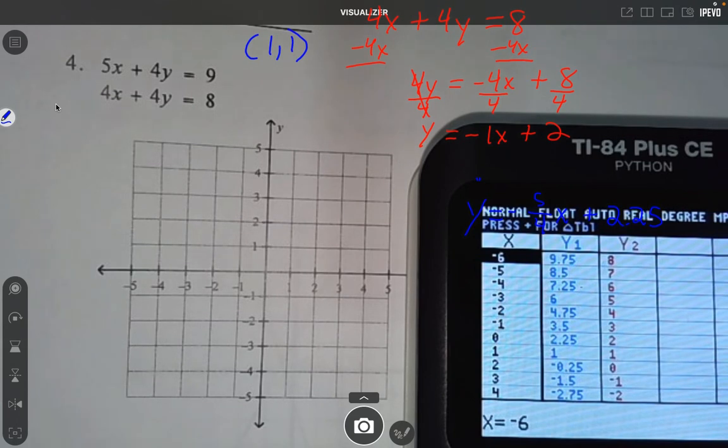I would definitely do 1, 1, and then I would do -3, 6. So you can pick the easier ones. So I'm going to go -3, 6. It's off the chart. It's okay. I can kind of tell where it goes. What was the other one? 1, 1. There we go. How's that?